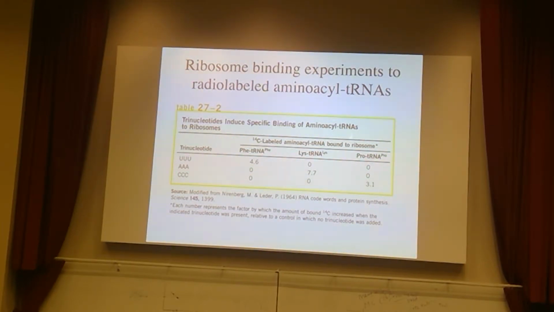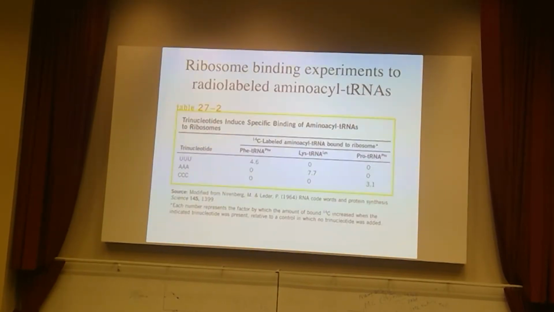And if we radio-label these aminoacyl tRNAs, the charged tRNAs with the proper amino acids on them, only in cases in which the mRNA is sitting on the ribosome will the tRNAs bind, and you'll take a fairly small species, the tRNA, and you'll physically associate it with this massive ribosome particle. You can just ask, for which trinucleotides will you get the tRNA to sit down on the ribosome and associate in a very stable way?